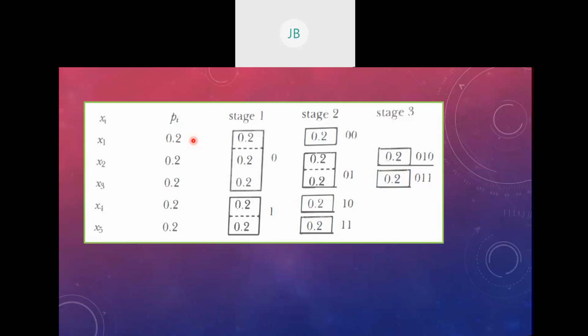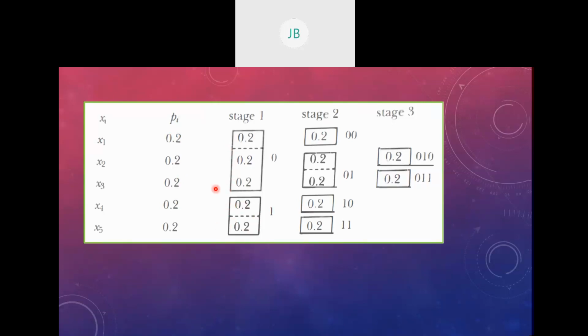Since we have already done all the steps here, right now we will try to see what is done in this case. Here we have considered 3 symbols in one group, so the total probability is 0.6, and the remaining 2 symbols in another group, so the total probability becomes 0.4.